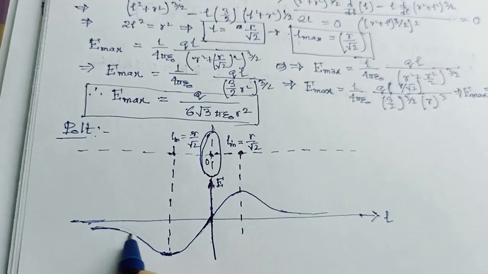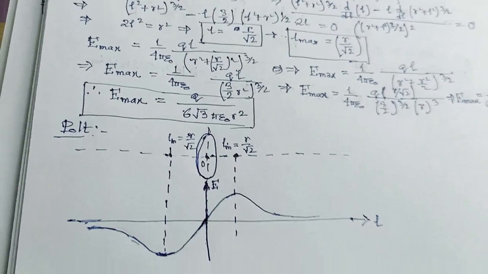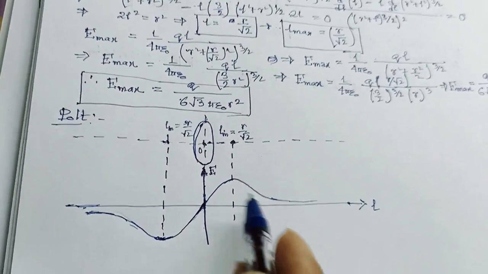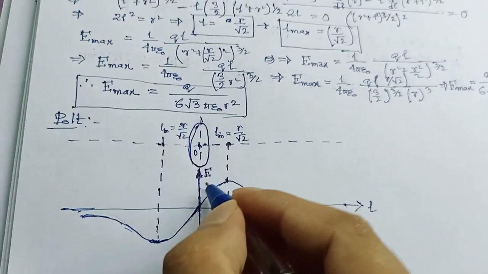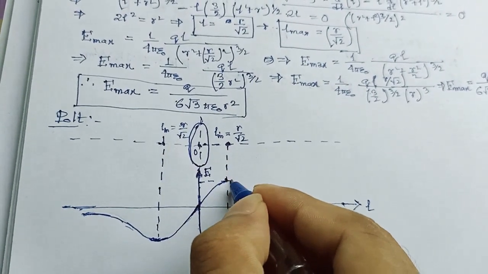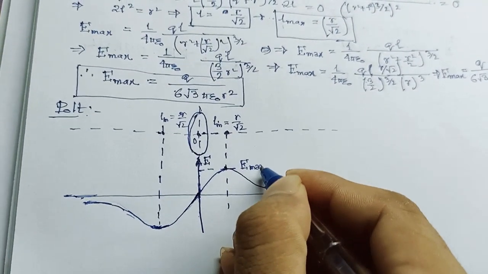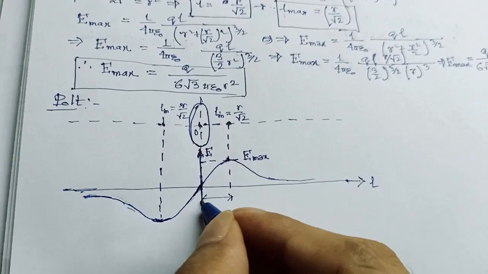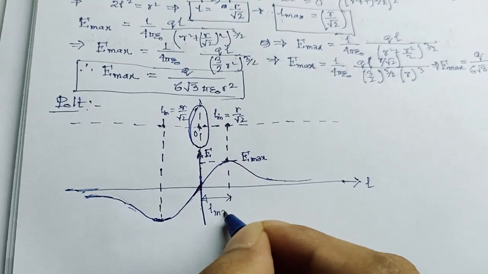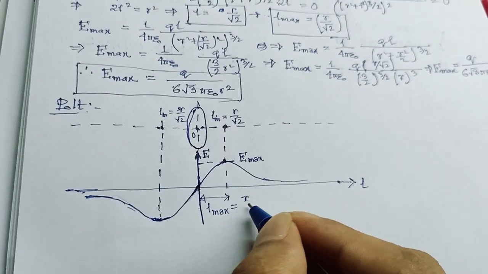So our electric field will vary in the opposite direction in this way. This point corresponds to E max, the maximum value of electric field, and this distance corresponds to L max, which is equal to R divided by root 2.